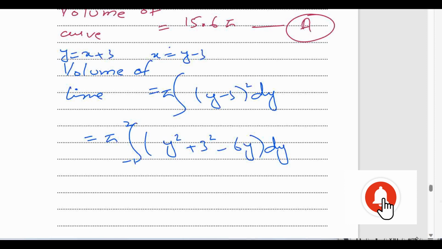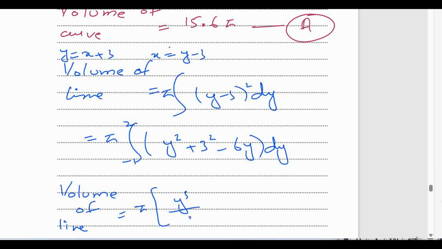So the volume of the line will be equal to pi into the integral of -1 से 2. और इंटीग्रेट कर लेते हैं डायरेक्टली और फिर आपने लिमिट्स खुद पुट कर लेनी है. So this will be y cube by 3.